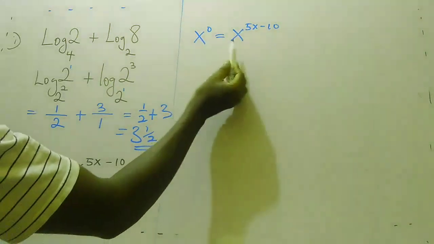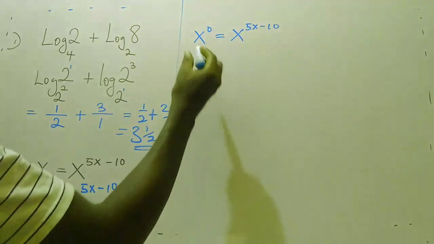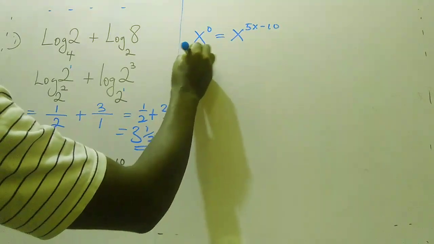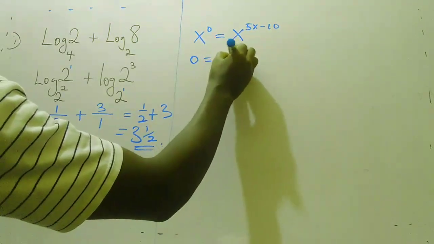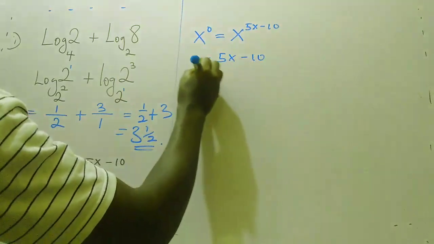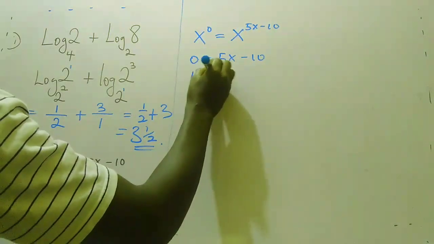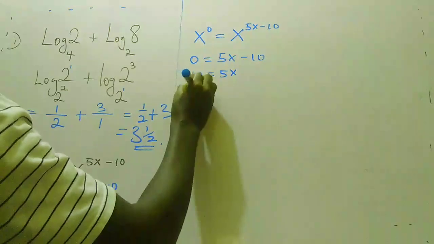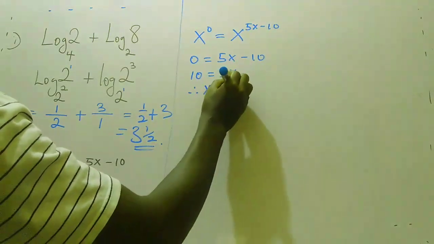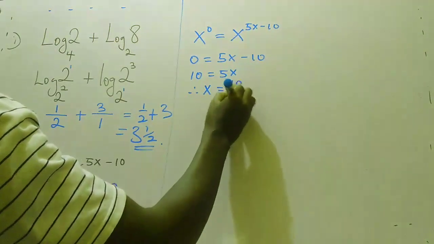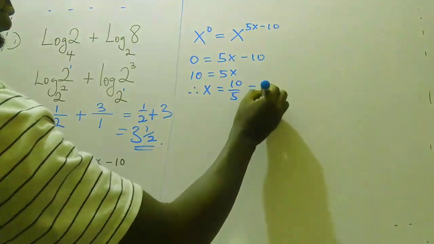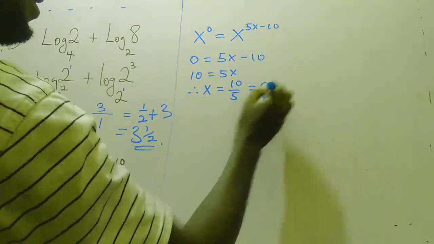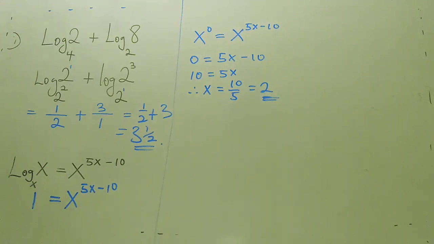Now, since the base on the left hand side and the right hand side are the same, I can equate the powers. So when I collect like terms, I'll be having that 10 is equal to 5x. So therefore, my x is equal to 10 divided by 5, which is 2. So this is the solution to the second question.